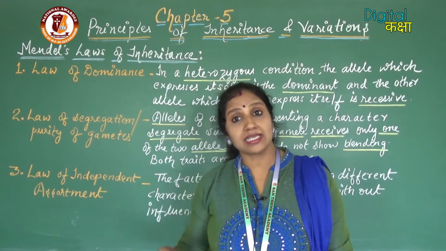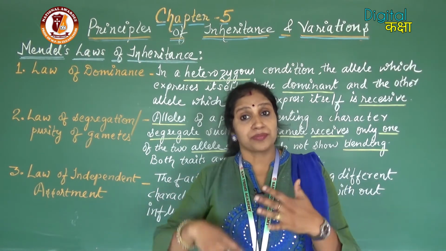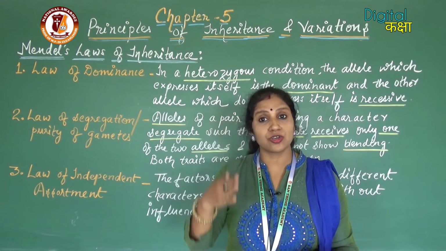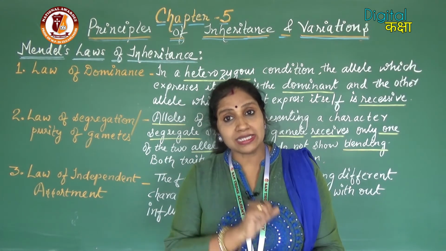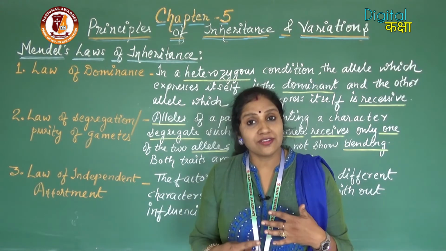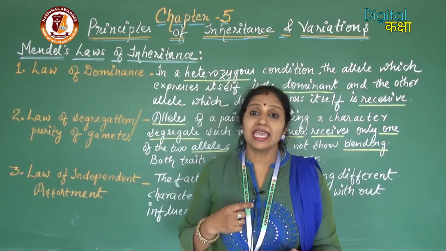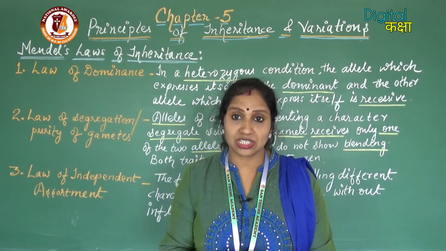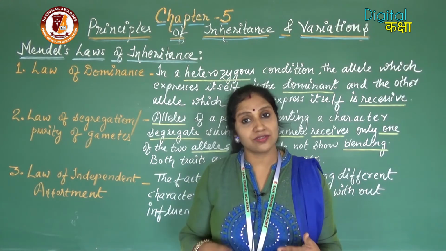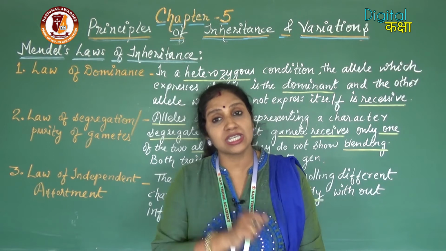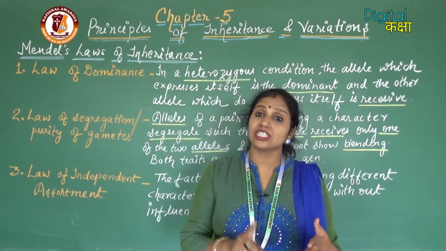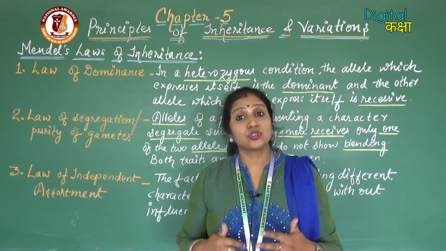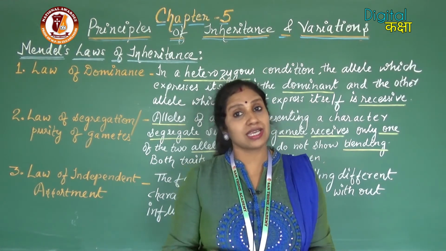The same thing is there in the case of a number of genes, as the chromosomes consist of a number of genes and their alleles. So, whenever these alleles are transmitted to the next generation, they do not interfere with each other, they do not influence each other.